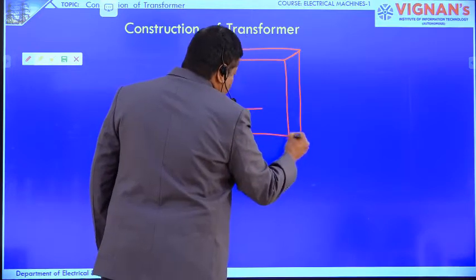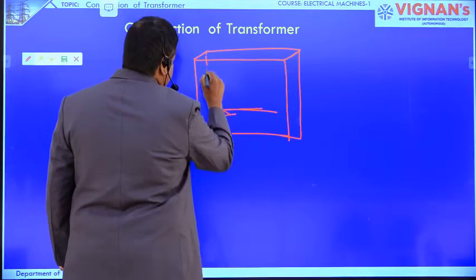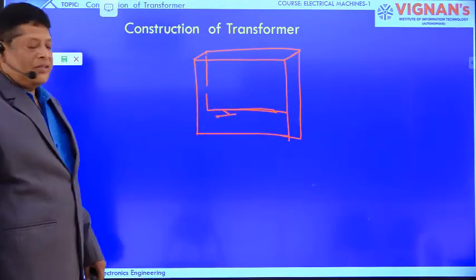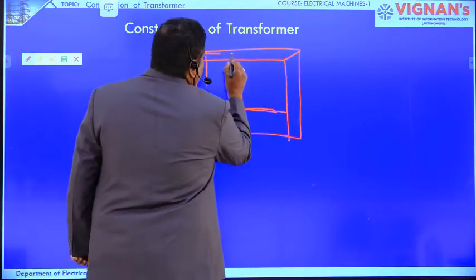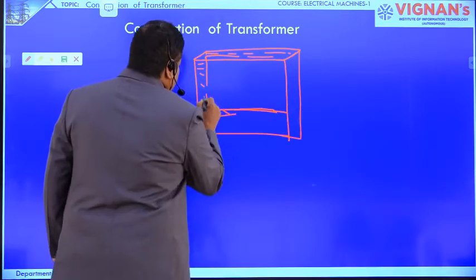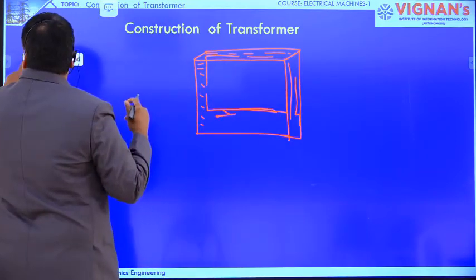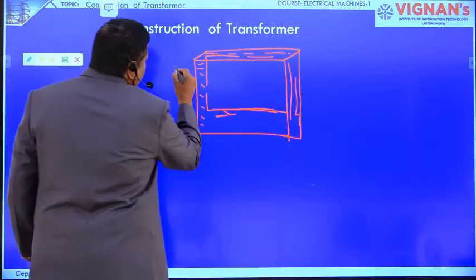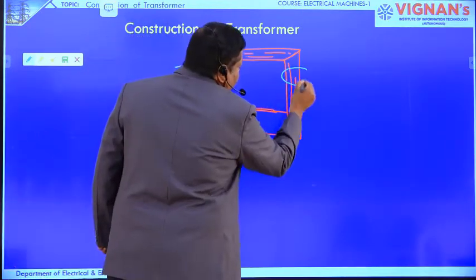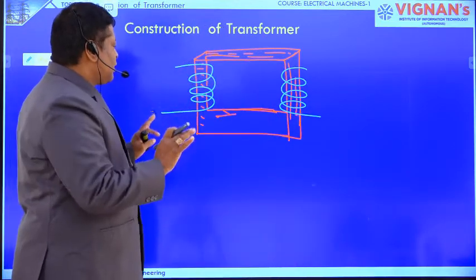It is a laminated body. So on this transformer, see here, this is one winding. This is another winding. This is the simple construction of a transformer.